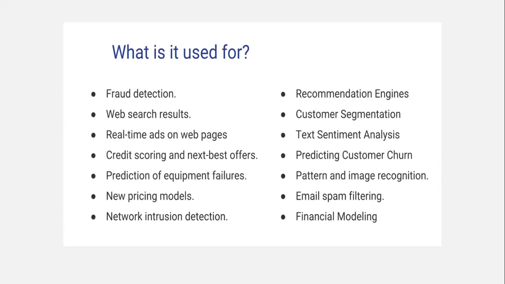Then there are web search results. If you want to search for something on Google, you just type "how" and it auto-suggests things for you based on your previous searches. It's basically suggesting that this is probably what you're trying to say.